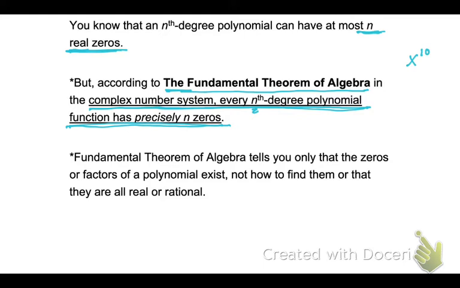It does not tell you how to find them or what they are. Do you understand what I'm saying? They say they're there, but that is it. Nothing else. Just like the leading coefficient test tells you what the ends do, but nothing else, right?